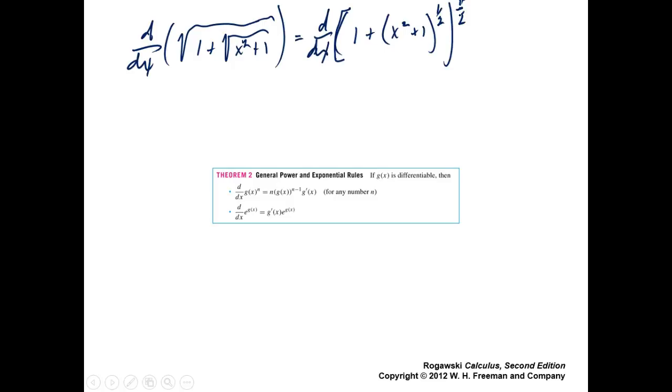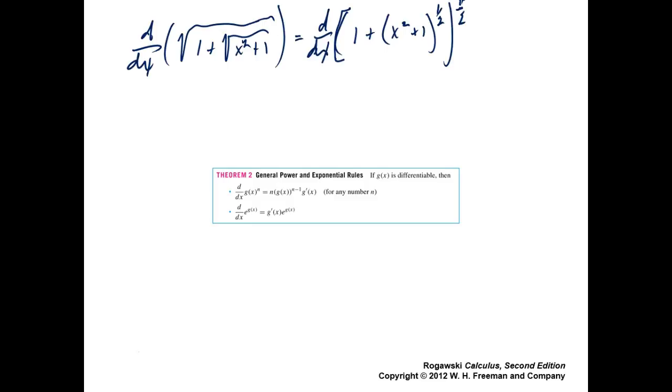Okay? So this thing that's in here, this part right here, x squared plus 1 to the 1/2 power. 1 plus that is what you're raising also to the 1/2 power.